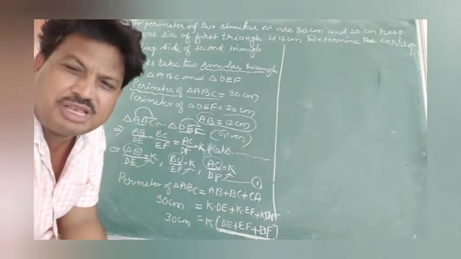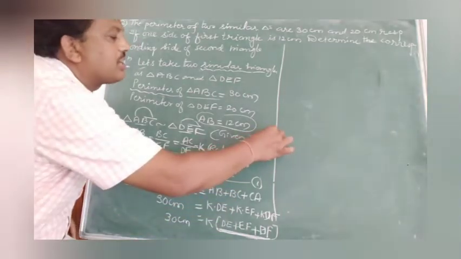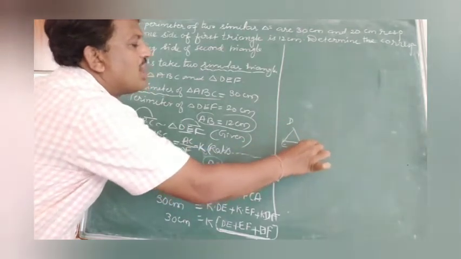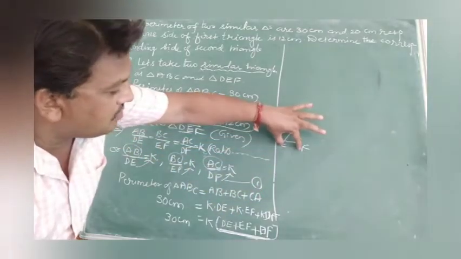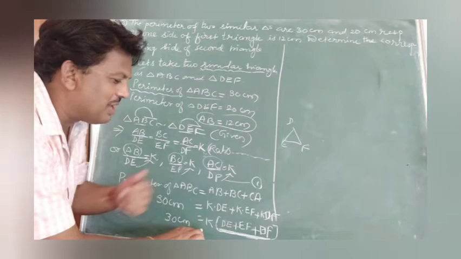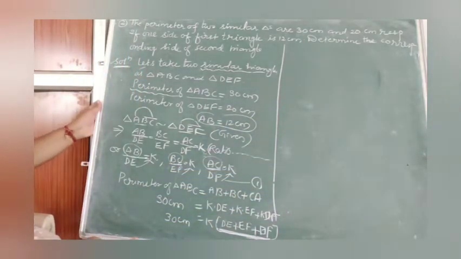Sum of three sides means it might be a triangle, sides of a triangle. Check it. Suppose you are taking triangle DEF. What will be its perimeter? Sum of DE plus EF plus DF. It is the same thing.